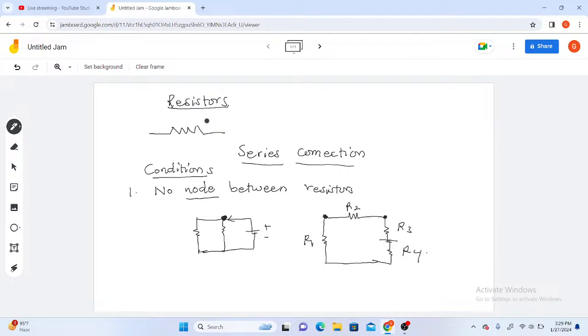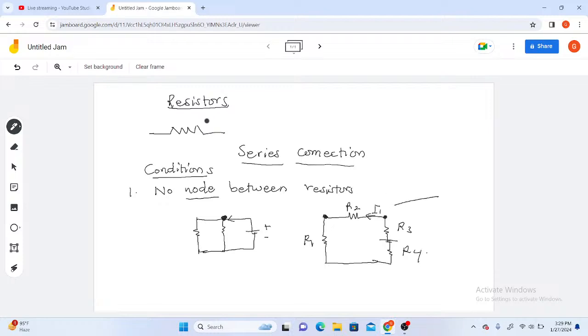A node is not simply a corner. Yes, it's not a corner. For every node, you should make sure that when current is arriving at the node, it will have more than one path. So assuming current is flowing through this path as I1, upon reaching here, the current has no other option except to move to this. So this is just a straight wire.